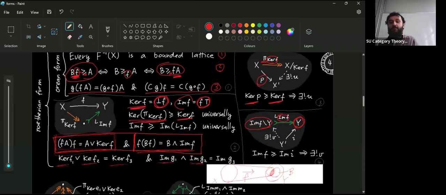You take their meet, then that result must also be an image of something. We call these things conormal when a subobject is the image of a morphism. Say that it's conormal.